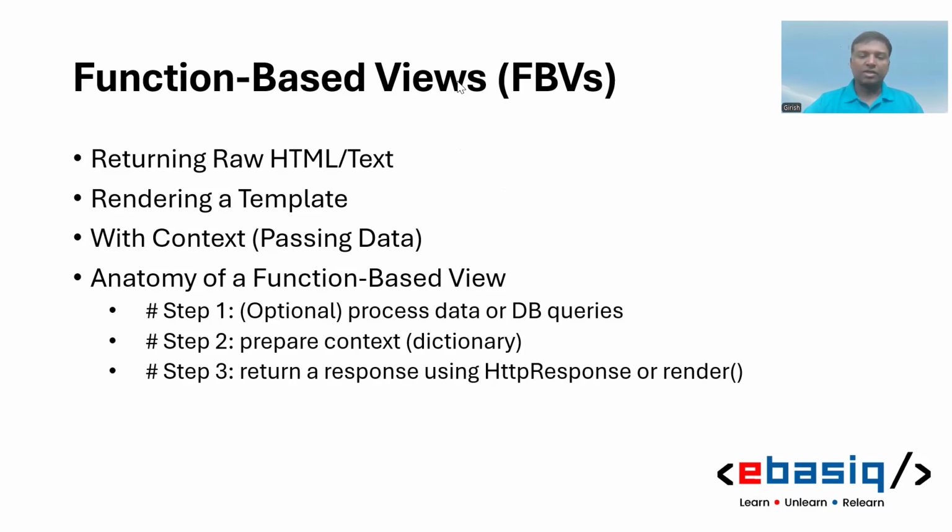So generally, in the anatomy of a function-based view, we can process data or some DB queries, or we can prepare the context, let's say a dictionary. Okay, and we can respond. It returns a response using the HttpResponse or using a render function. Some of these things we have seen in our previous episodes. Okay, so this is the behavior of function-based views.